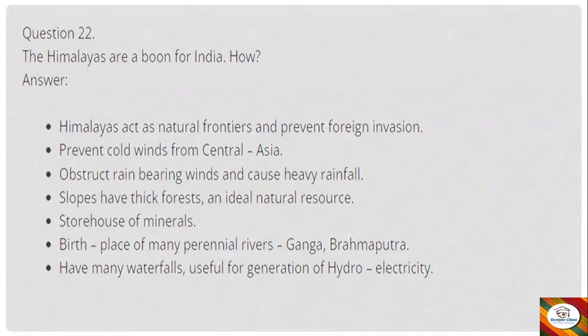It's a storehouse of minerals, birthplace of many perennial rivers like Ganga and Brahmaputra. It has many waterfalls useful for generation of hydroelectricity. Okay, so these are main points on why Himalayas are a boon for India.